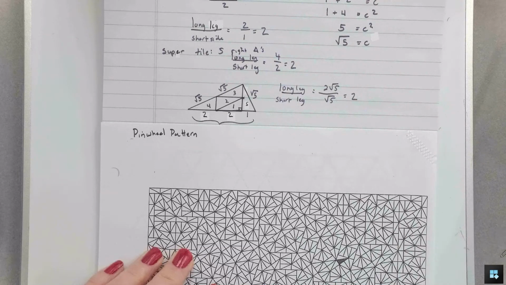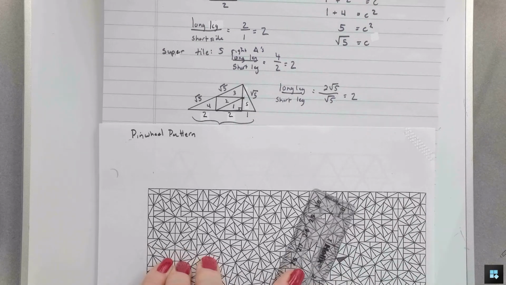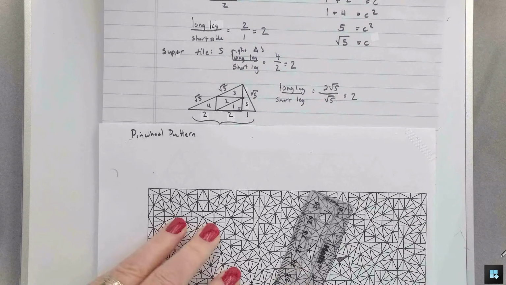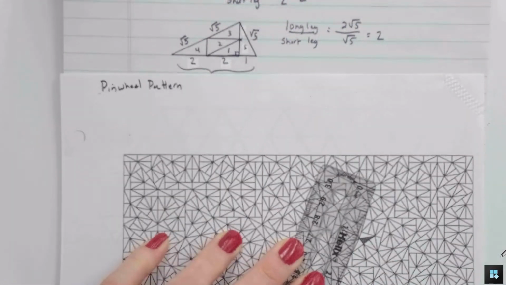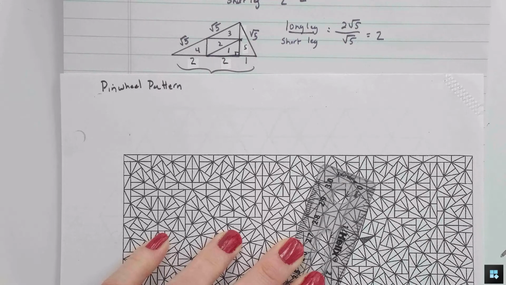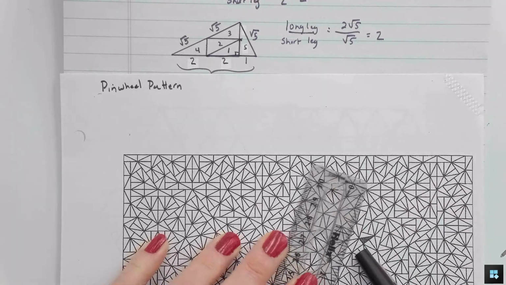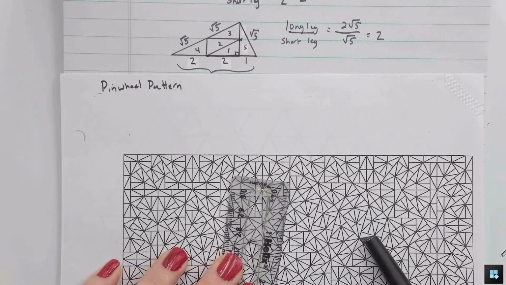It kind of looks like it could be, except look at that, that's not straight. So that's not straight, so no, this is not the tip of the super tile that this is in.